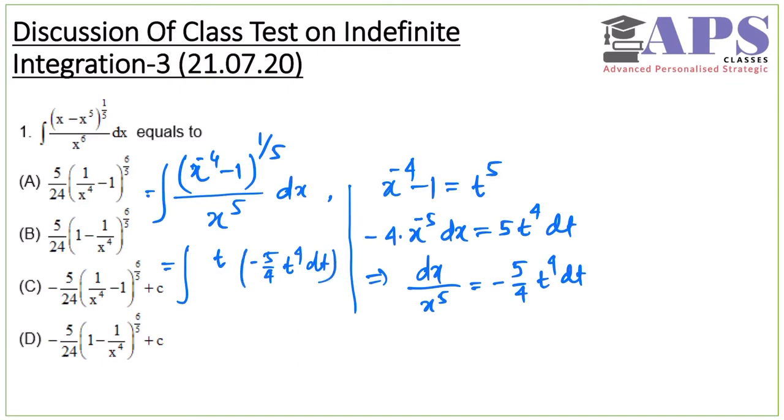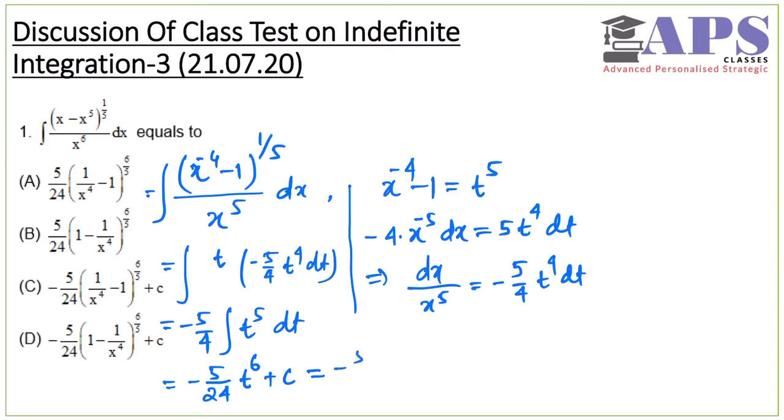So basically I am getting minus 5 by 4 outside, integration of t to the power 5 dt, which is nothing but minus 5 by 4 and 6, or 24, t to the power 6 plus c, where our t is x minus, so I'll replace t here.